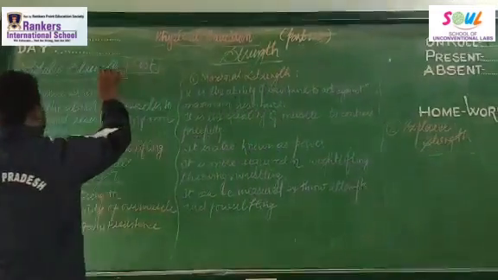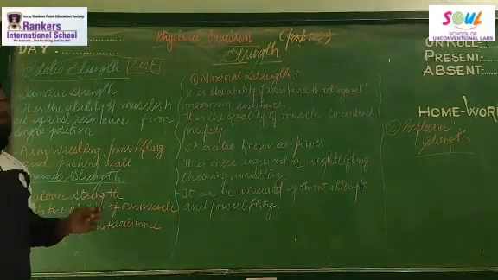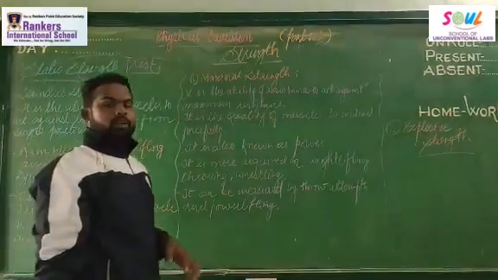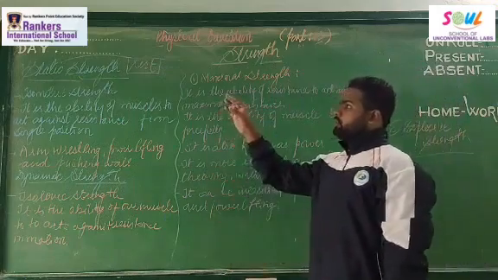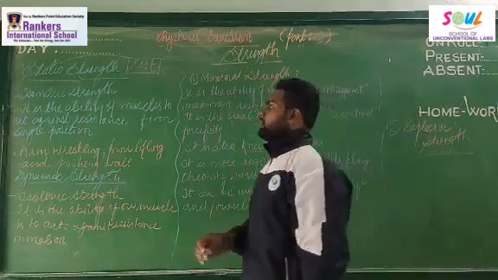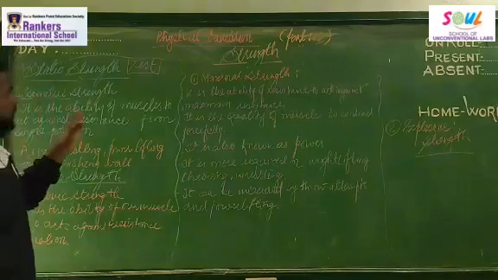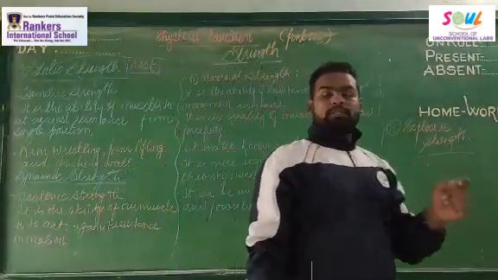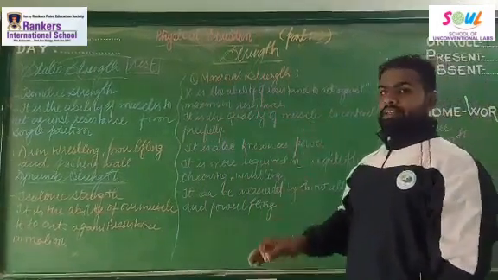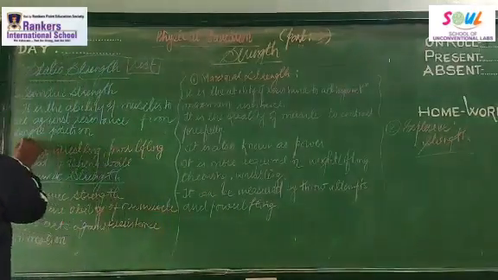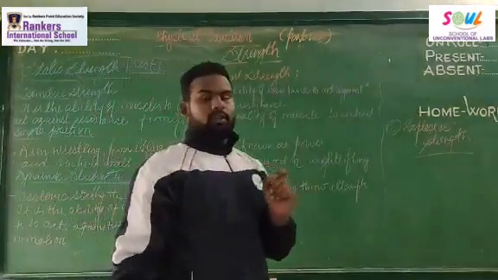Static strength is the ability to overcome resistance when a thing is at rest. Static strength is also called isometric strength. It is the ability of the muscle to exert force or to overcome resistance from a single position, right? What I just wanted to say is that static strength is the strength which is at rest.